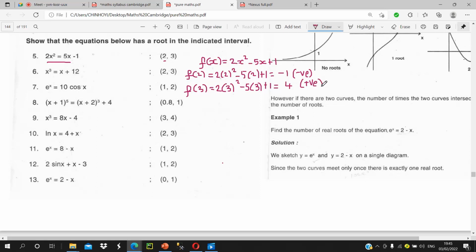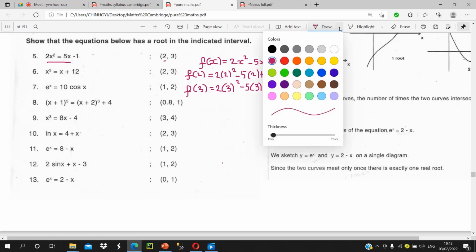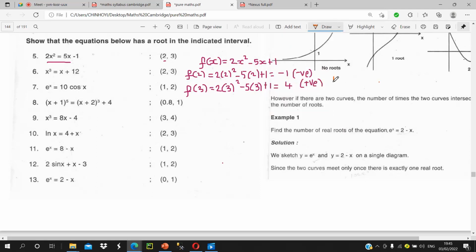Again, it's a mark. So if the question is maybe 2 marks, you'll be given 1 mark for indicating the substitution, seeing that your f of 2 and f of 3 are positive and negative. Then there will be a mark for the comment.